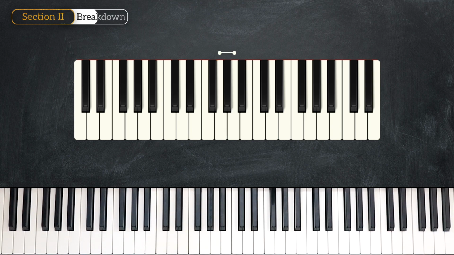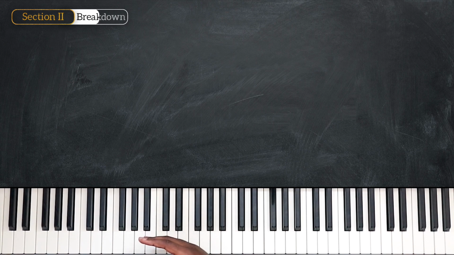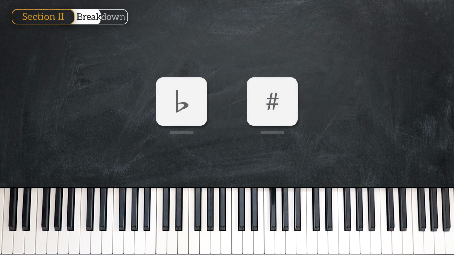Okay, now that we went through the tonal structure, we can understand better how to name the black keys. Remember, I said that the keyboard is arranged on a pitch. When you go on the left, you tend to go lower in pitch, and when you go on the right, you tend to go higher in the pitch. Well, we're going to take that knowledge and apply it over the tonal structure.